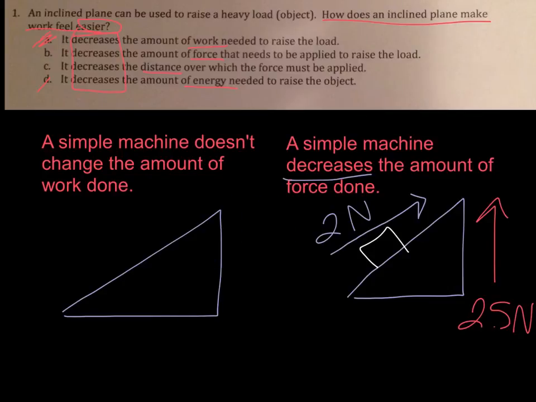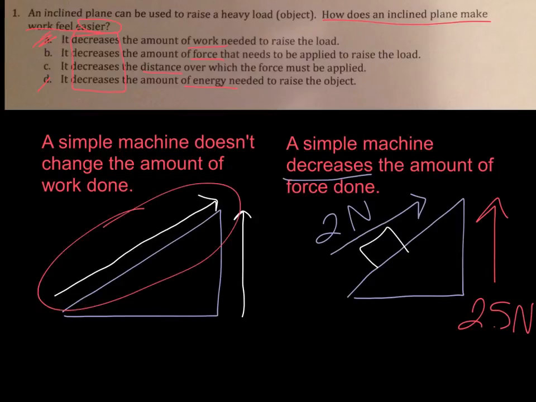Let me just draw it on my own. This is the distance going straight up versus this distance going up the ramp. Which one of those looks longer? Great job. This arrow looks longer, and therefore that one has more distance. So when you use a simple machine, did the distance decrease or increase? It increased. So letter C does not make sense, leaving letter B our answer. Great job, guys. Let's go on to question number 2.